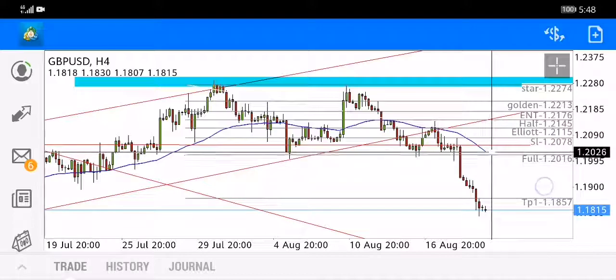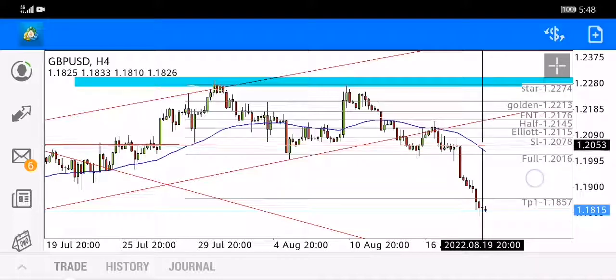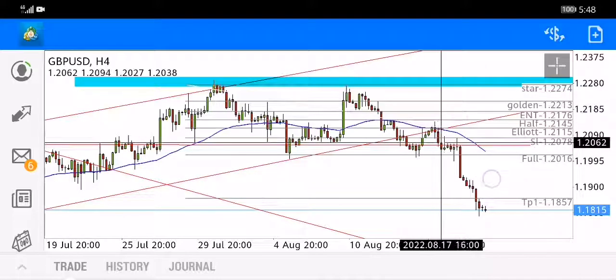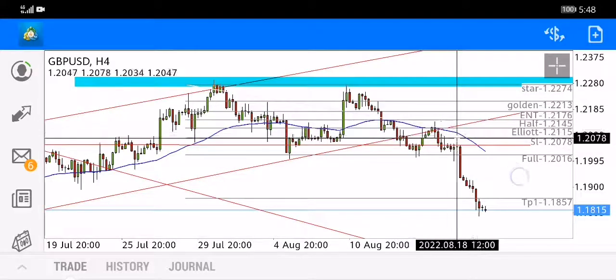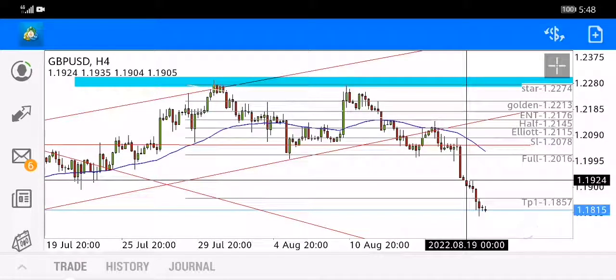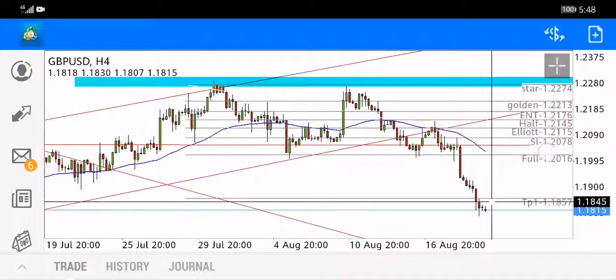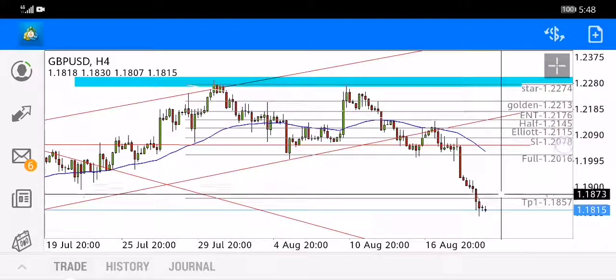In the previous days we suggested that if the market breaks the 1.2052 level and holds below that area, it will go in the further selling direction, and the market continuously went in the bearish direction. But if you are the buyer, then obviously you wait for the proper support level.